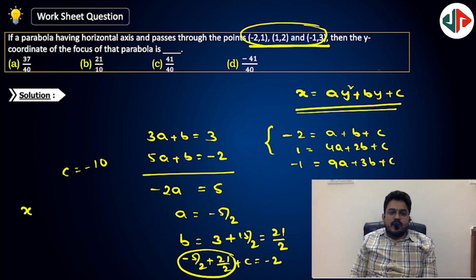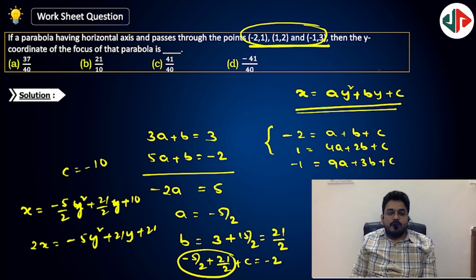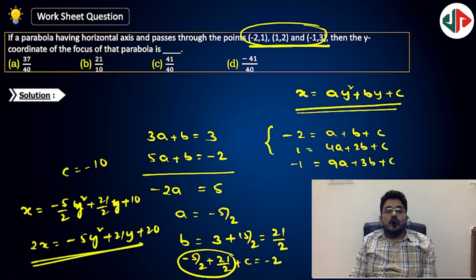So x is equal to minus 5 by 2 y square plus 21 by 2 y plus 10. So you make it as 2x is equal to, sorry, this is y square. Okay, minus 5y square plus 21y plus 20. Now what you need to do is find the coordinates of the focus, so we convert into standard form.